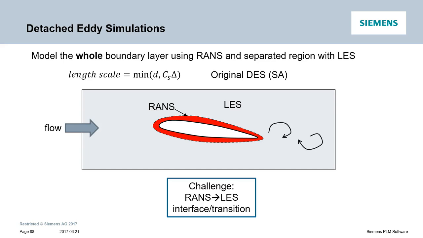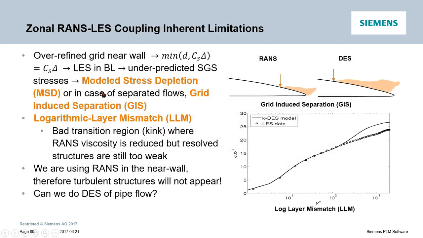So what happens if we over refine the grid near the wall? If my mesh is too fine next to the wall, then the minimum of d and C delta is C delta. That means a switch to LES in the boundary layer. But that is not the original intent of the DES model. We would like to switch to LES only outside the boundary layer.